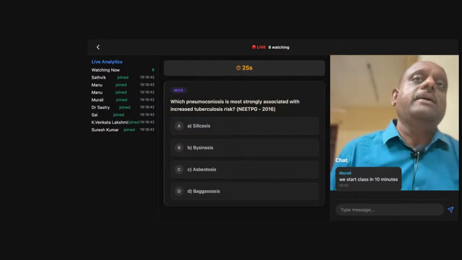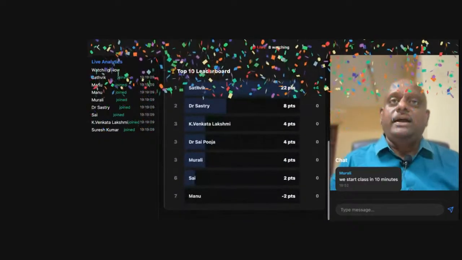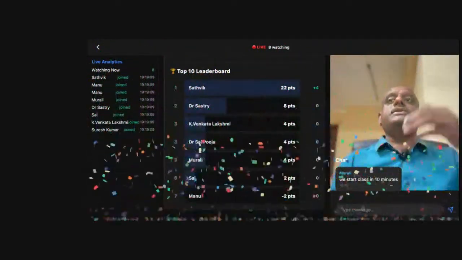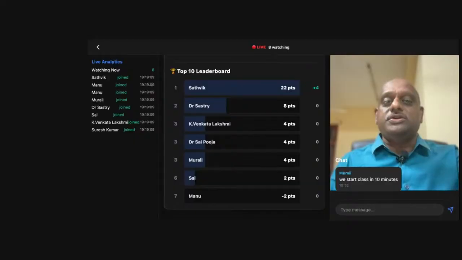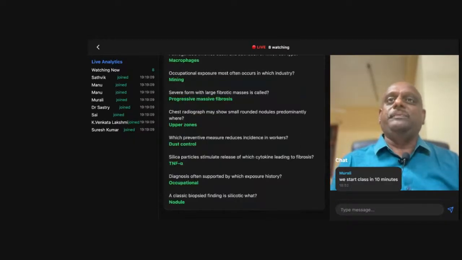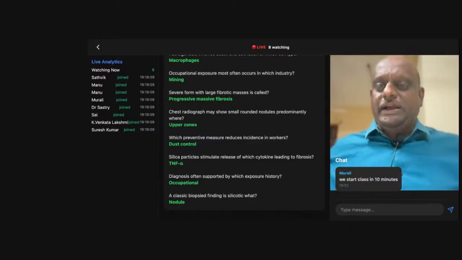Increased TB is a risk whenever which disease is there? So you should know it is the silicosis. In fact, the name itself says it is silicotuberculosis. Satvik is absolutely right. Now, typical lung zone which is affected in silicosis.